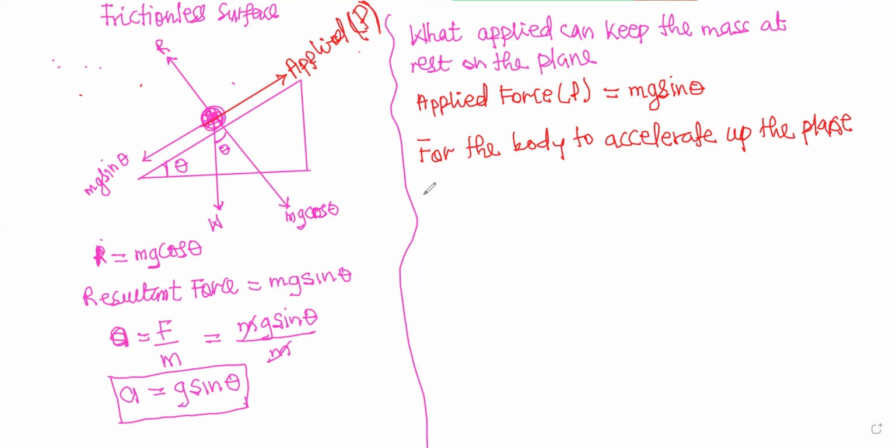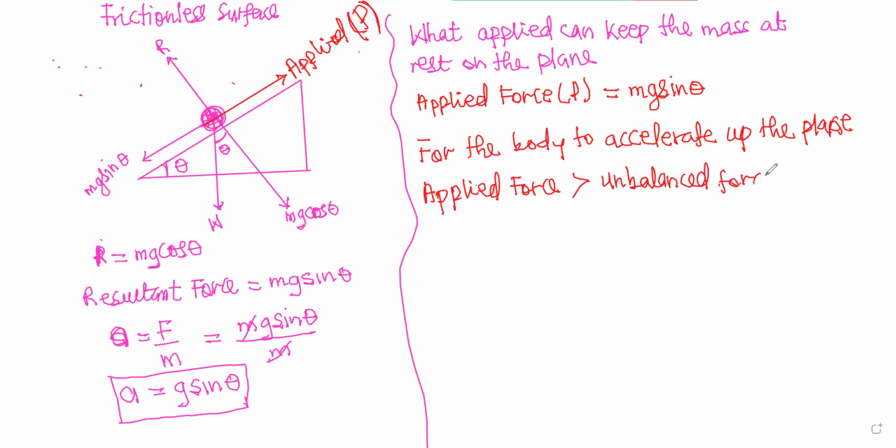Exactly. So for the body to do this, the applied force P must be greater than the unbalanced force, mg sine theta.